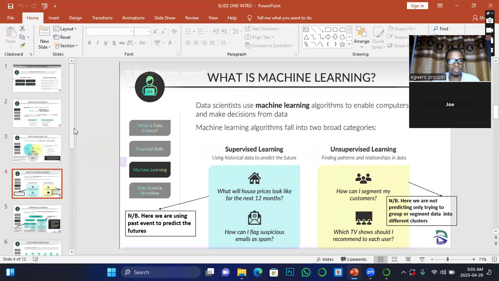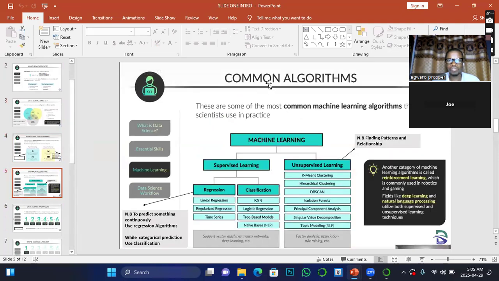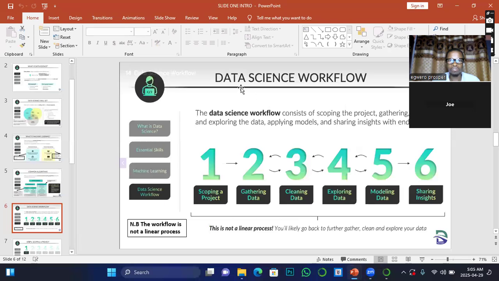So make sure that you are making your notes so that in subsequent classes you know where we stopped. Then we will also talk about the common algorithms used in both supervised and unsupervised learning. We discussed this. Then we'll also talk about the data science workflow, where I explain all these as different phases you have to go through as a data scientist.